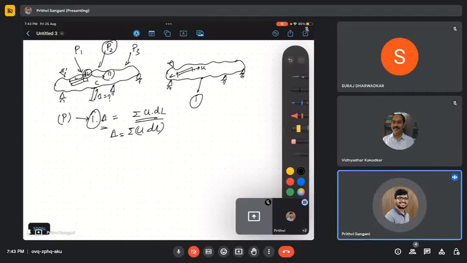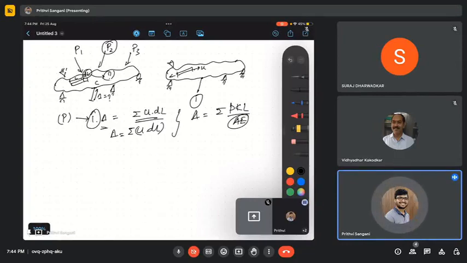So for each component, you'll find out what is U, and for each component, you'll find out the internal elongations, not the strains. If you remember, for the truss elements, we are taking something like this: sigma P K times L by AE.